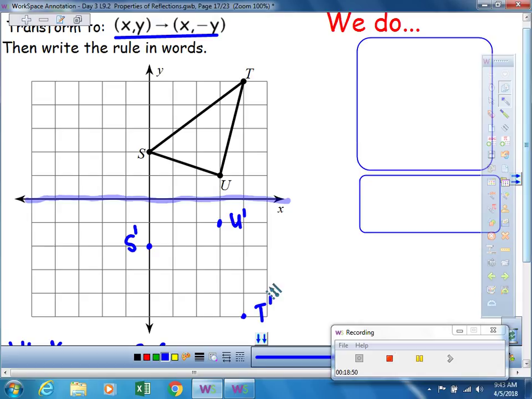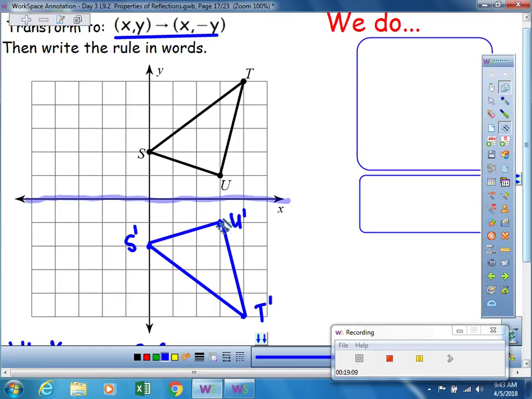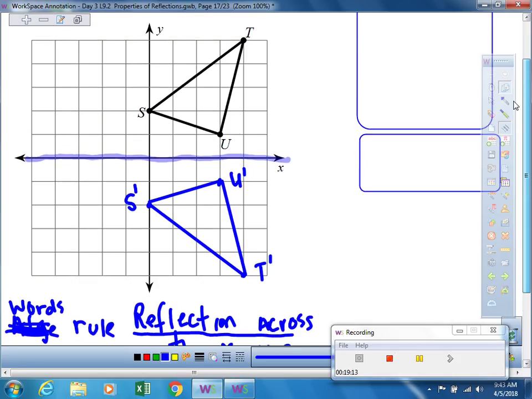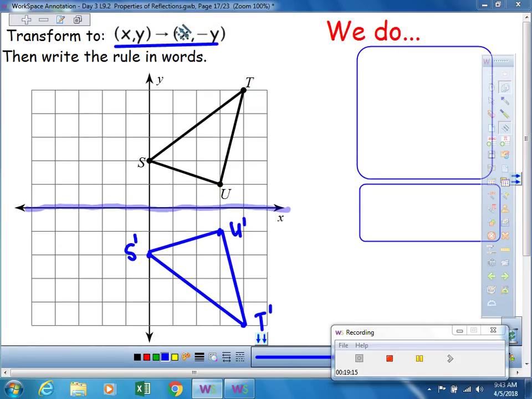I'll repeat his question on the next example. Okay, so we already wrote the rule in words. We did that first because we translated our algebraic representation into words first, and then we graphed. So we're done with this one.